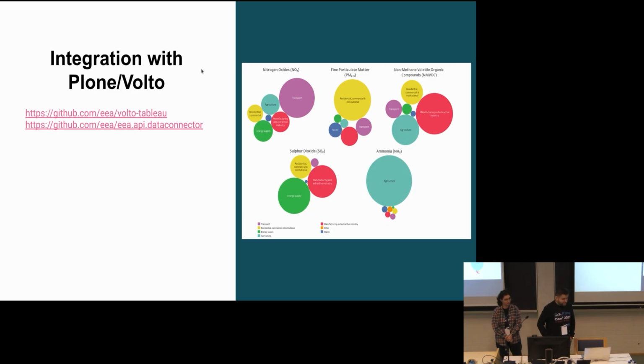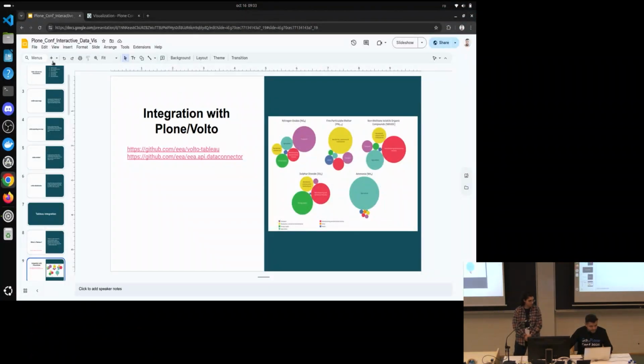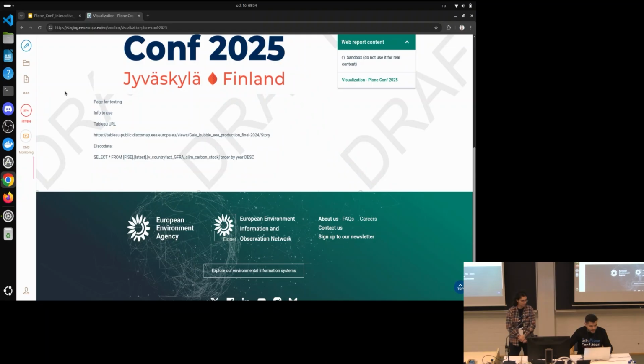It's open source, of course. You will need the front-end package, Volto Tableau, and for the backend, the EEA API data connector. There's also an example there. I will make a little demo of how you can add the Tableau.